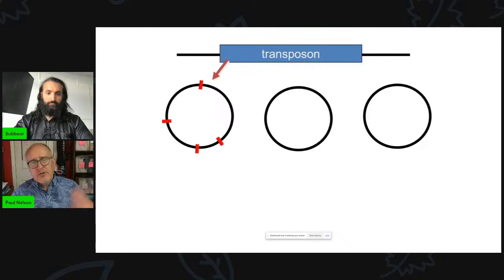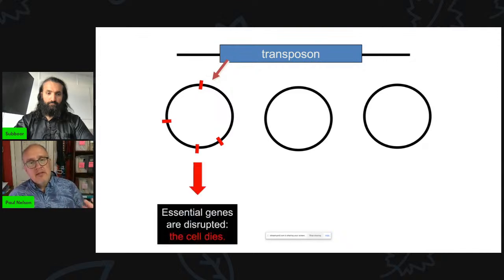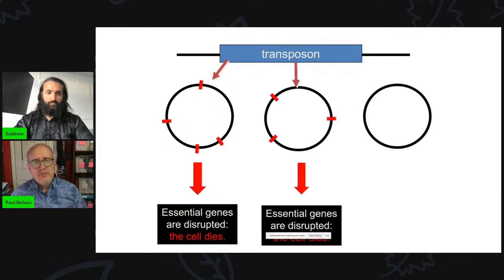When it integrates, it disrupts the reading frame of the gene in the native DNA, and at least one of those genes was essential. And you can't grow these bacteria. It's over, right? Your plates will be sterile. Same thing here. One of those integration sites hit essential hardware.